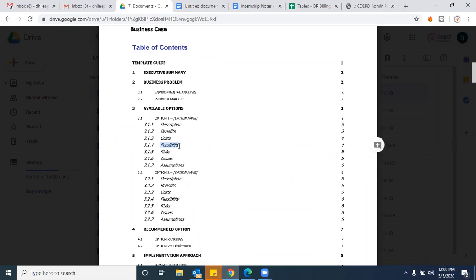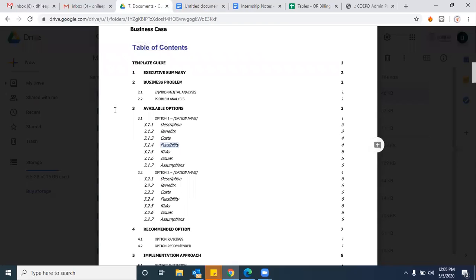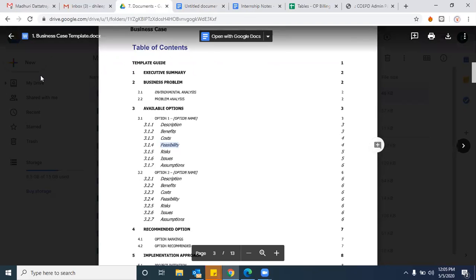Because some sort of feasibility issues are there. I came across a couple of feasibility challenges in my experience. For example, if you are suggesting a COTS product like Oracle ERP, it will have some specific configurations. If that configuration is there at the client systems, then only you can implement it. Otherwise, you can't, right?